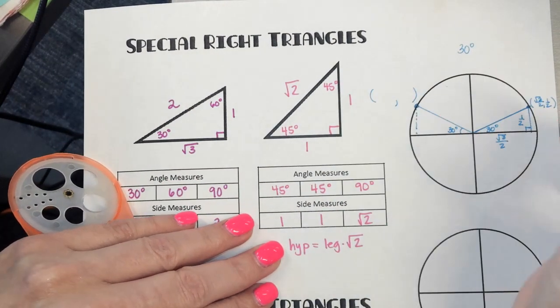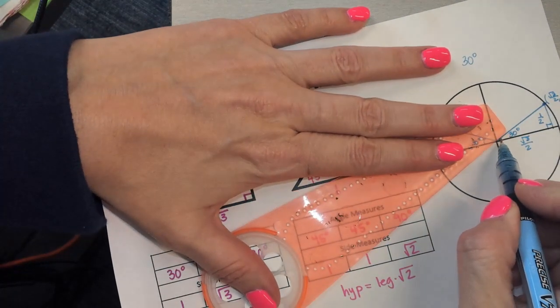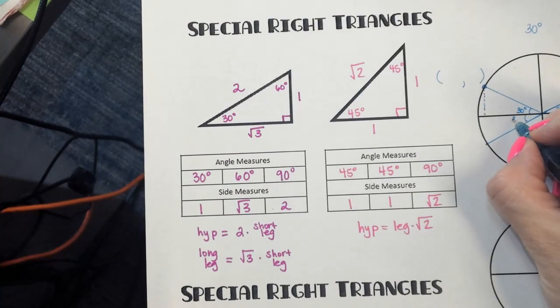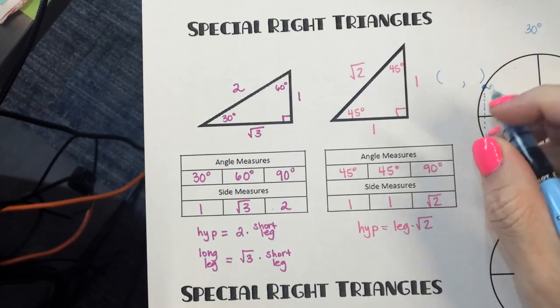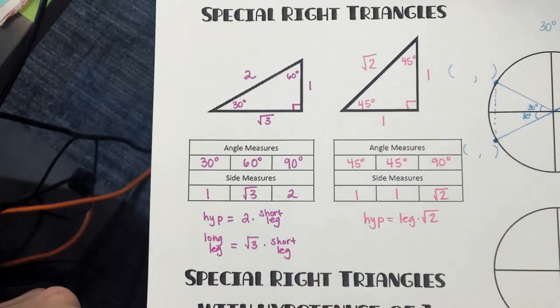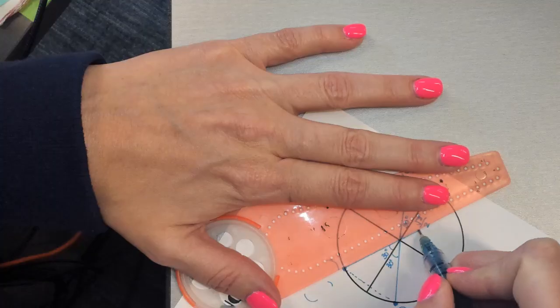I'm going to have you write the points down there. Okay, this is another 30-degree angle. And another 30 degrees.